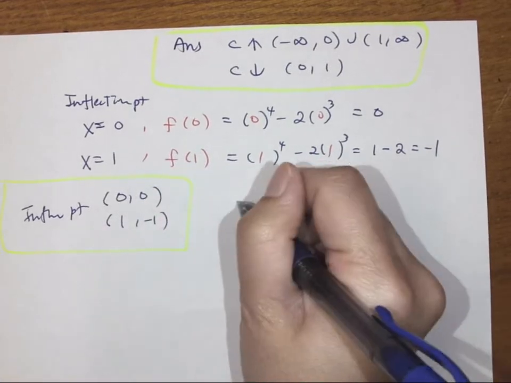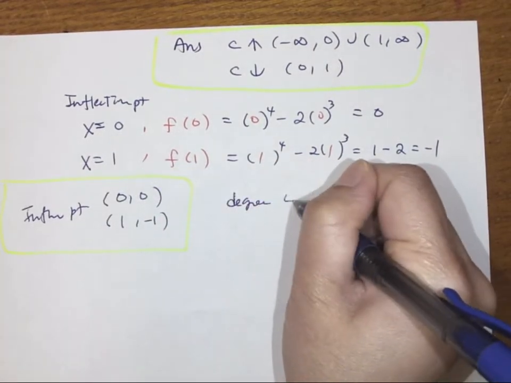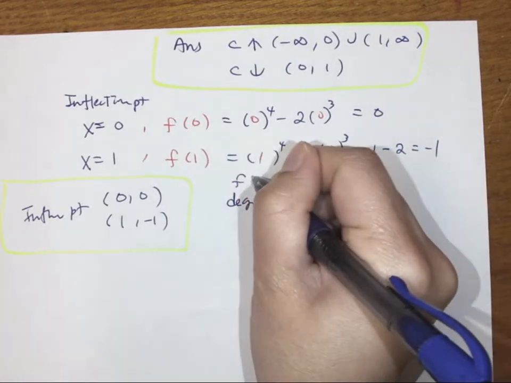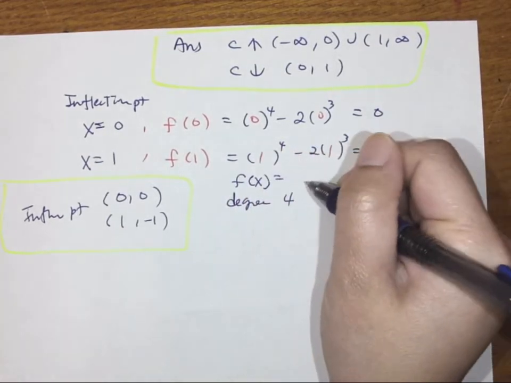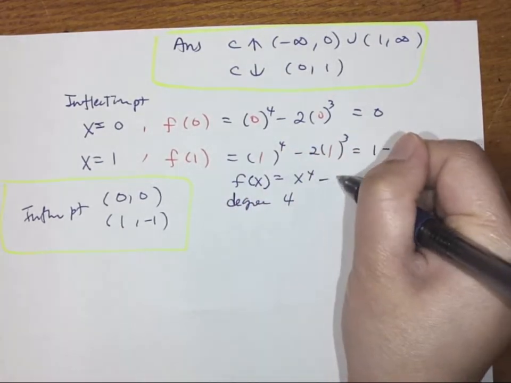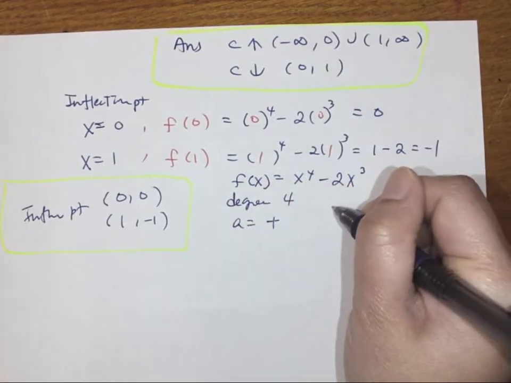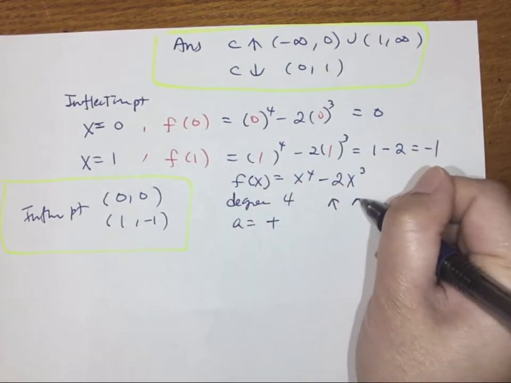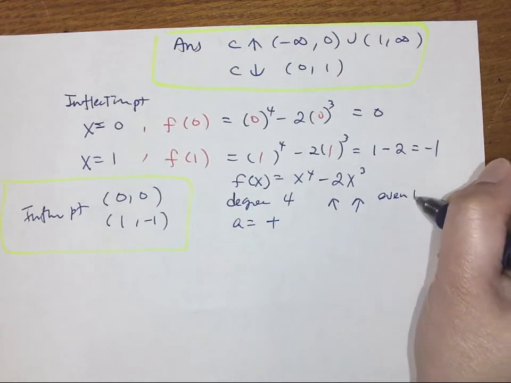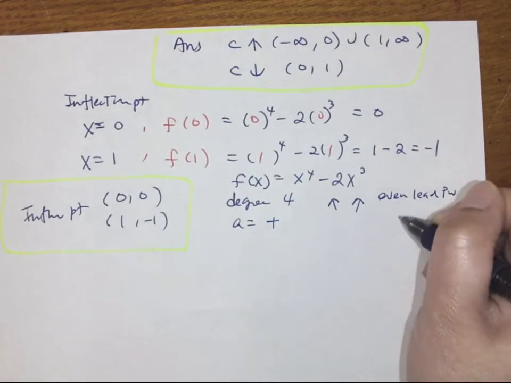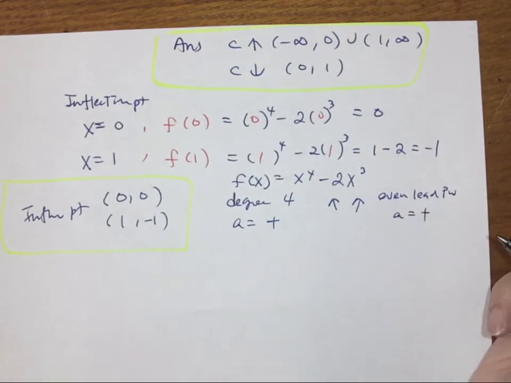So I know this is a degree 4 because f of x is x to the 4 minus 2x cubed. And then a is positive, so the end behavior for even leading power with a positive is both sides up.